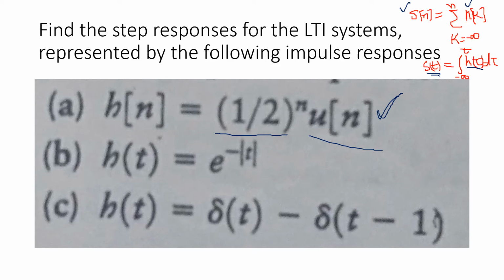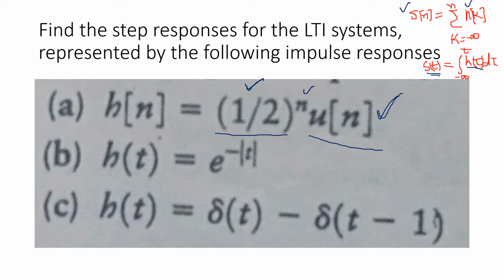That means this response exists from 0 up to infinity, because this is multiplied with u[n], so n cannot have negative value. So we have to find the step response for this signal, right?